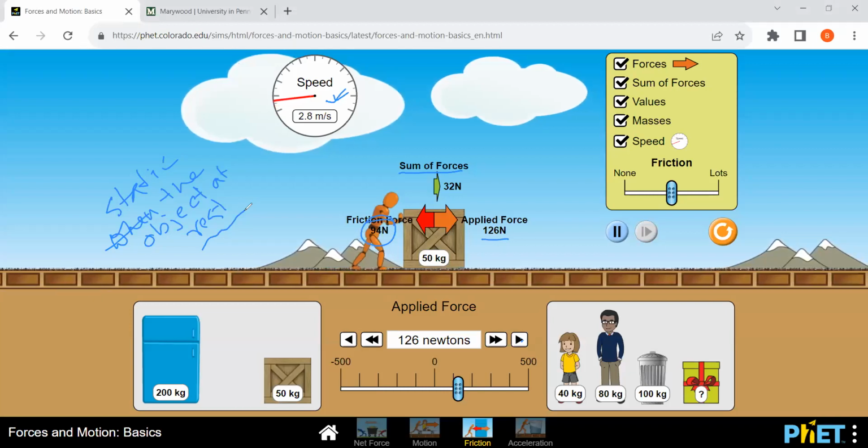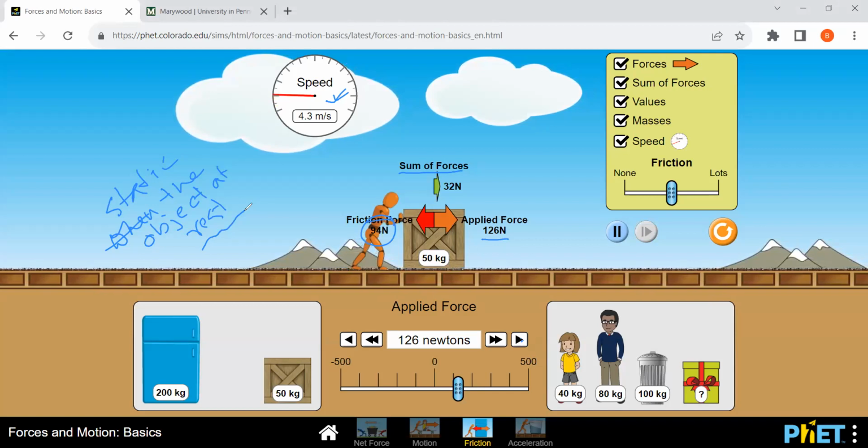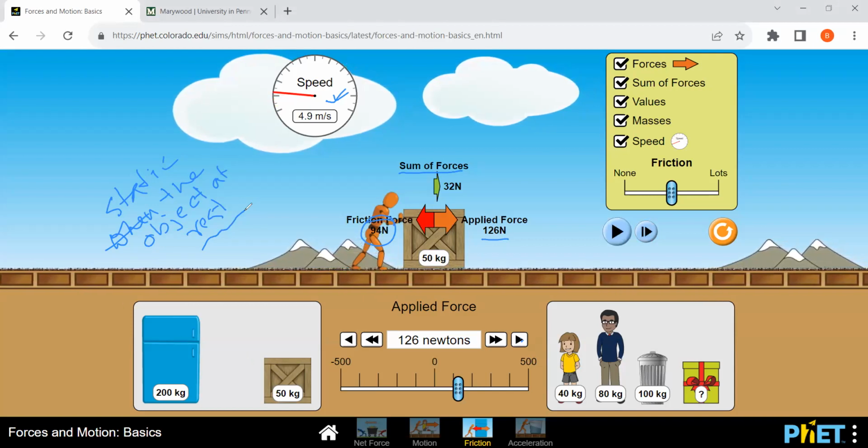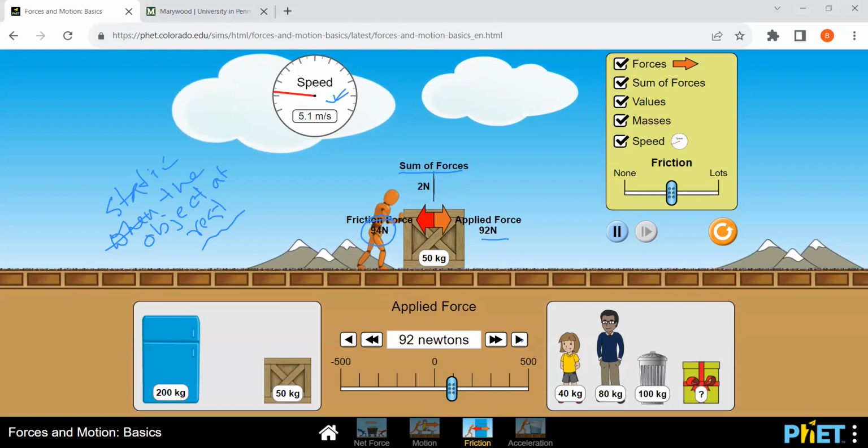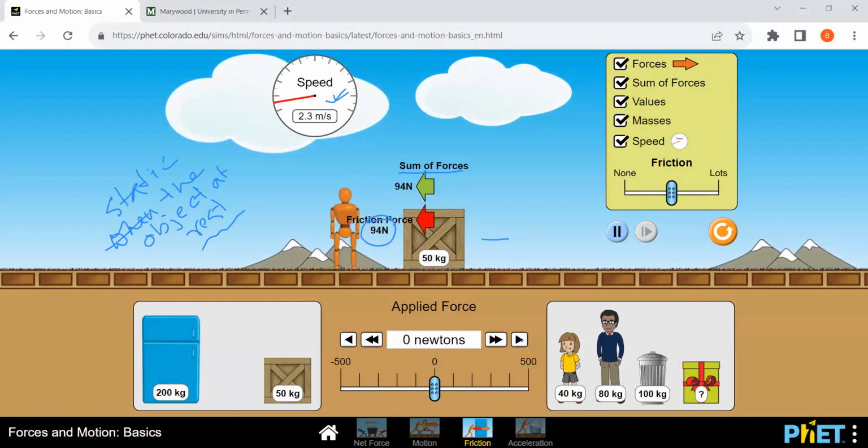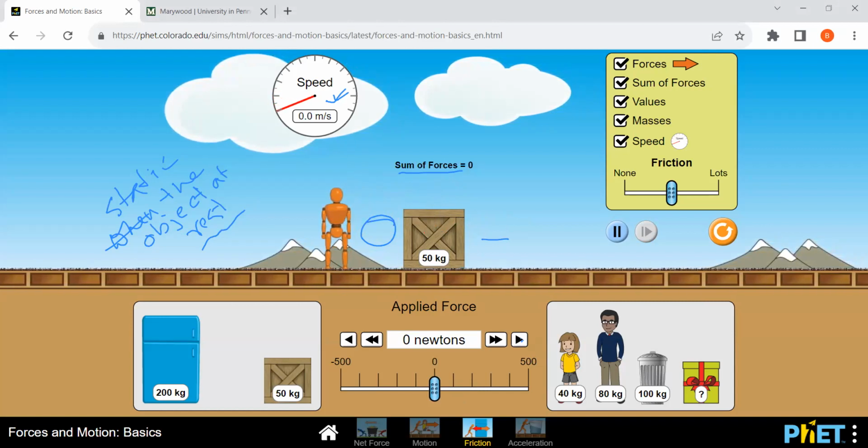Now the kinetic friction is low. That means when it starts moving, the kinetic friction, you see that it is 94 Newton. So 125 is the maximum limit of the static friction.